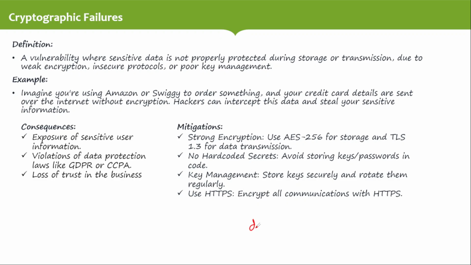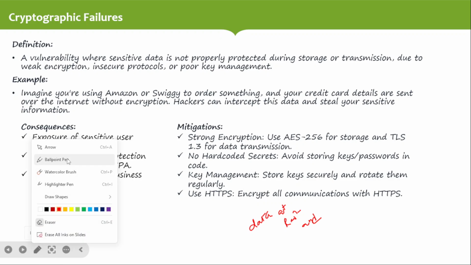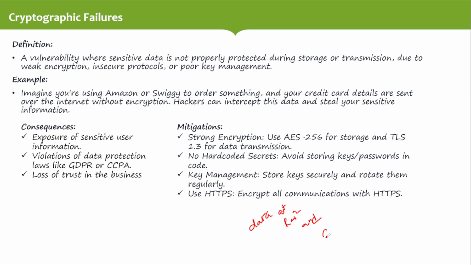One is data at rest, and the second is data in transit. Both data at rest and data in transit need to be encrypted, so that it should not be readable. Encrypted in the sense that it should not be readable to a third person.